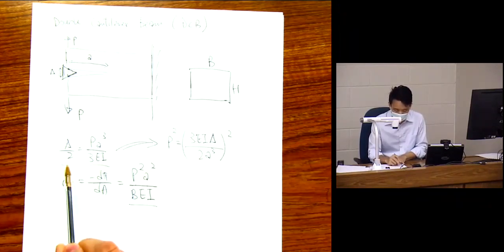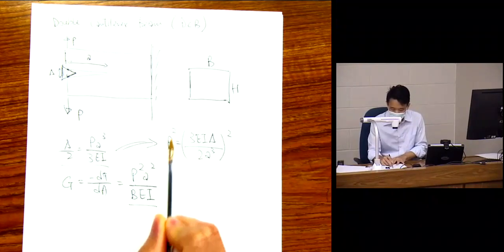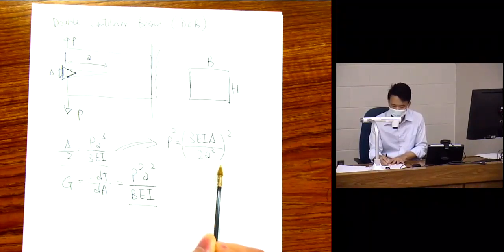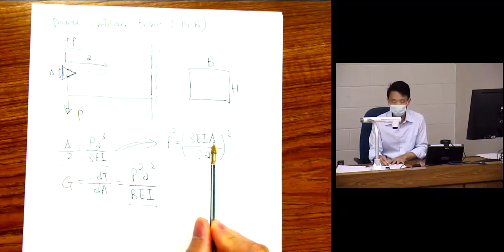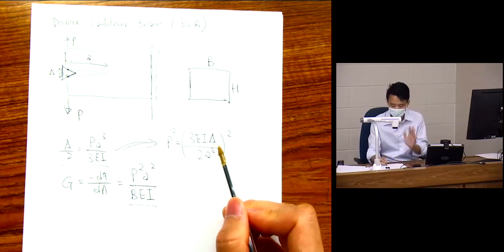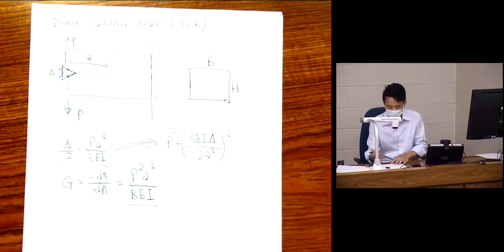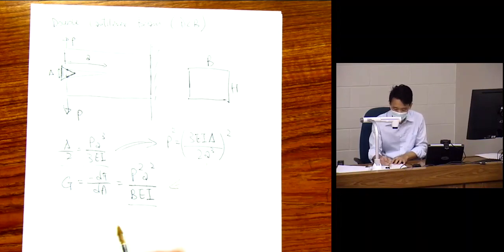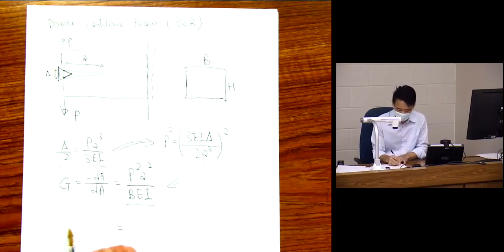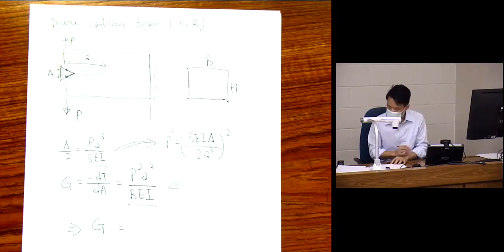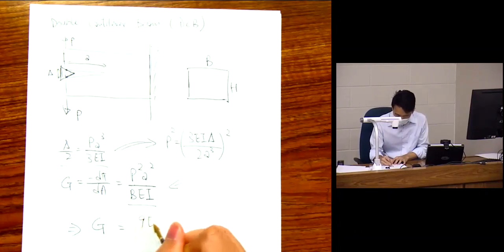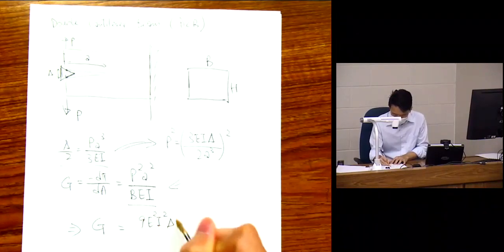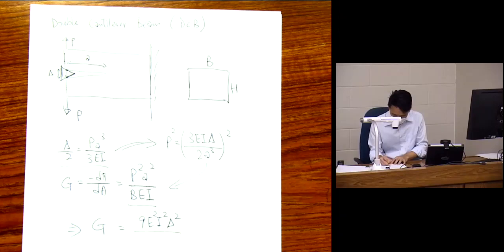So I go back to this beam theory, and I find out P squared equals this. Now this is completely free of P. Delta is in there, and that's good because delta is what I have. Delta is what I control. I have crack length and the other parameters, and I need to just substitute here to get a new expression for G. And if you do that, you're going to get 9 E squared I squared delta squared over 4 a to the power 6.